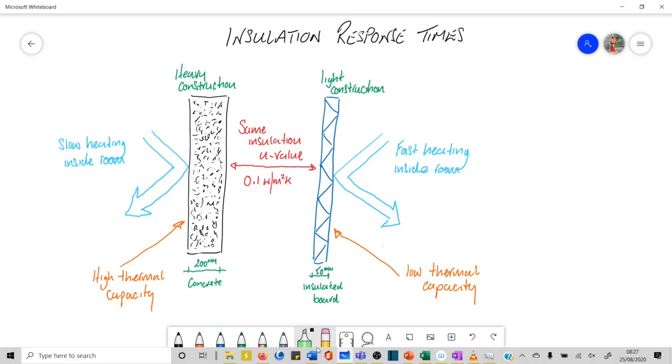Remember, building regs was 0.33, or sorry, well, 0.3 watts per meter squared Kelvin. It's actually 0.33, but we'll round it up.